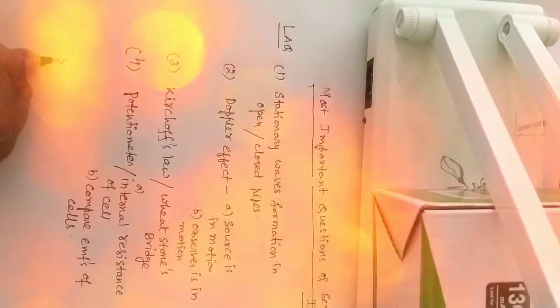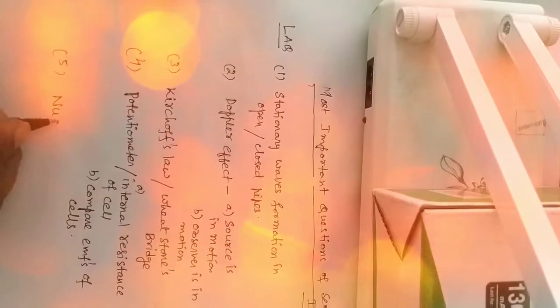Okay. Next, the fifth question: explain the principle and working of a nuclear reactor. It is most important, nuclear reactor, with the help of a diagram. And the sixth question we have here is, what is radioactivity?